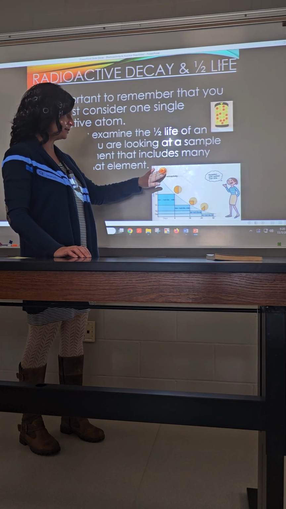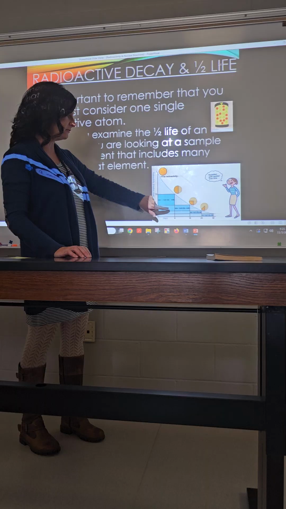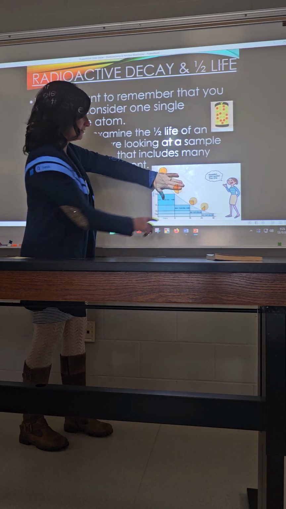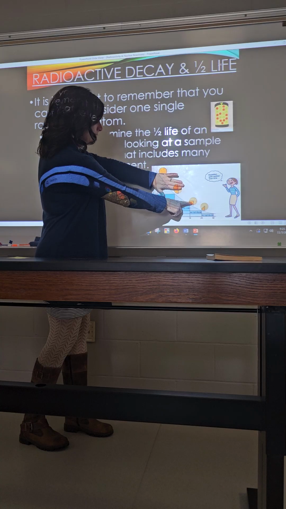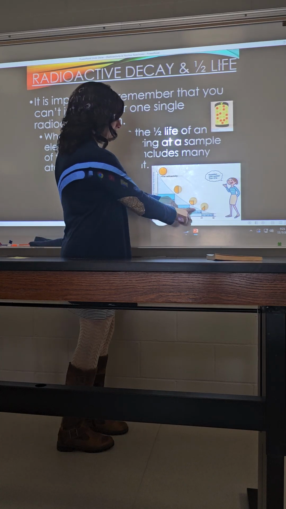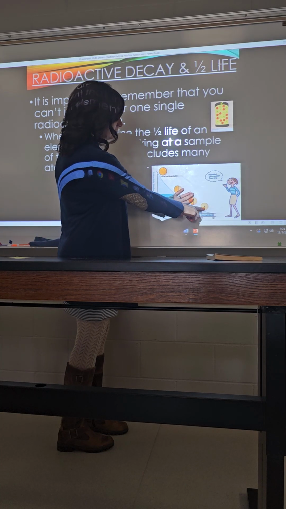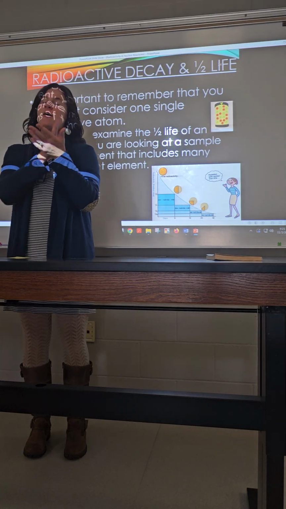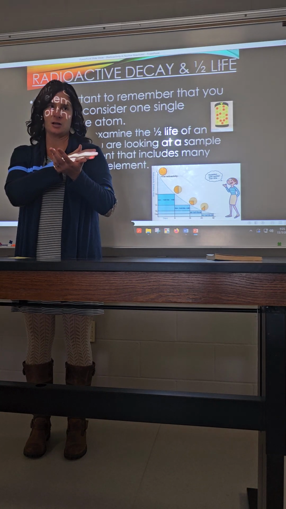So it's all radioactive, now half of it's radioactive, and then in another 8 days, that half is now only the part that's radioactive, and then in another 8 days, half of that, and then another 8 days. So it keeps cutting it in half every half-life that it goes through.